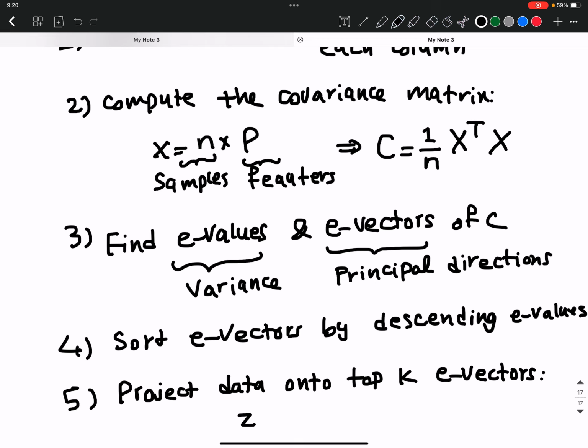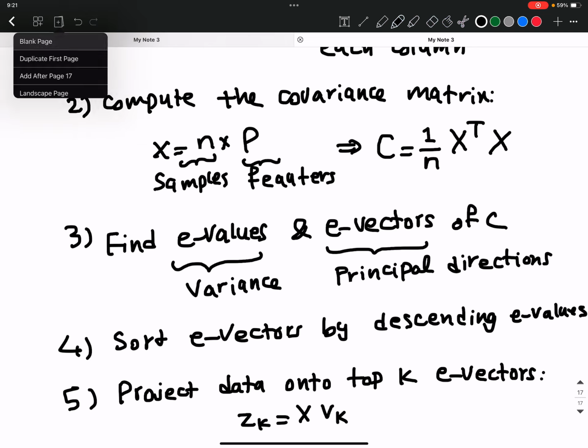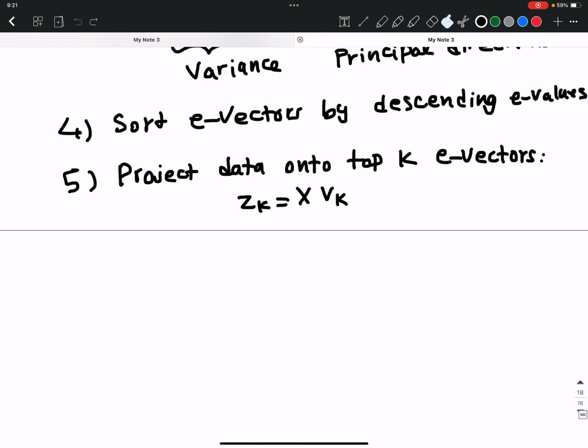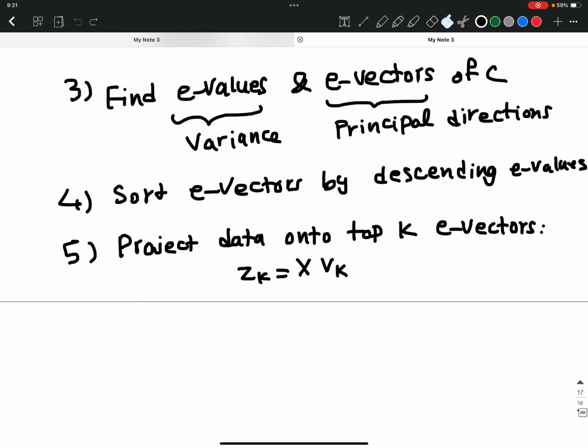Basically, we select the top k vectors and then project the data, and this gives me my reduced dimensional space. So my space is actually reduced, and this can give me a representation of that reduced dimensions, which have the highest variance in data, and can capture the maximum variance.